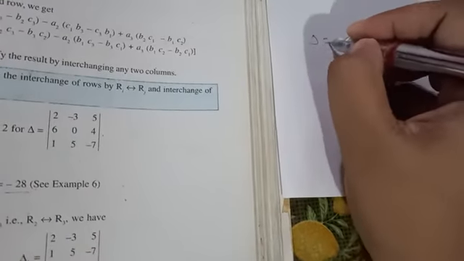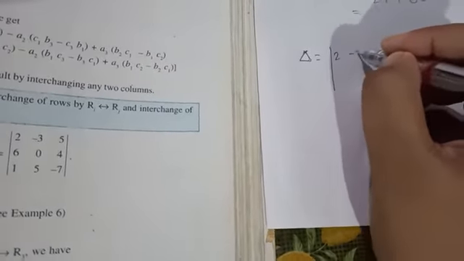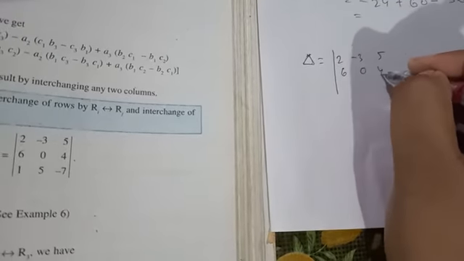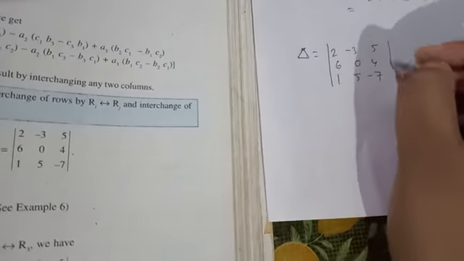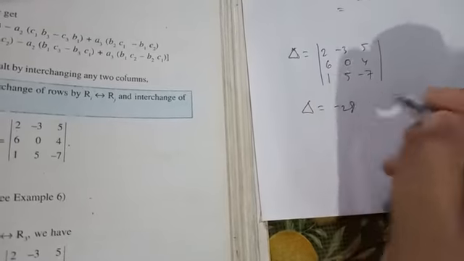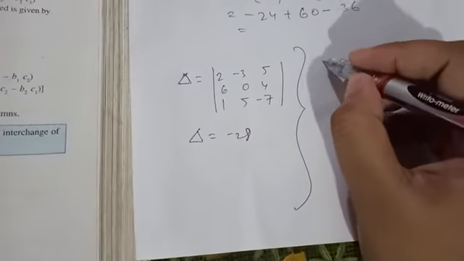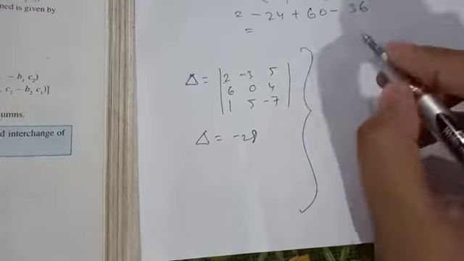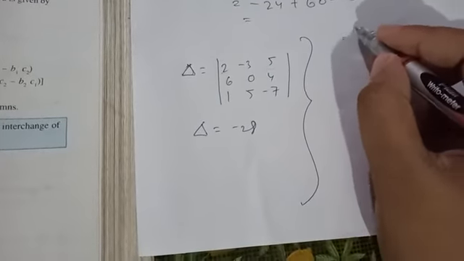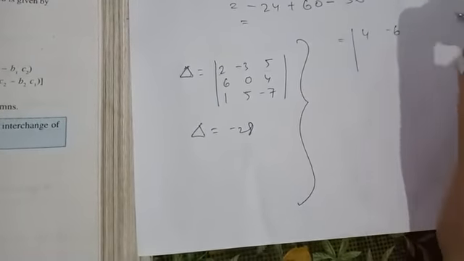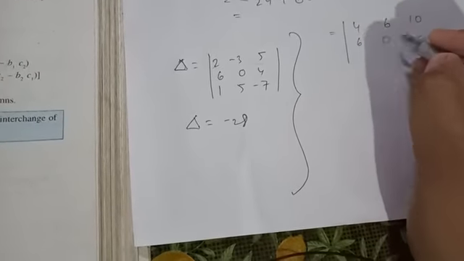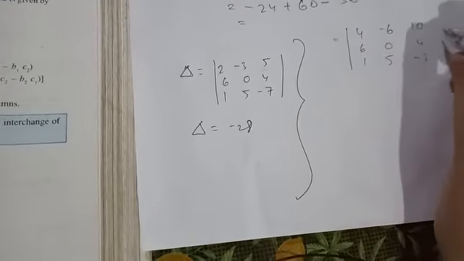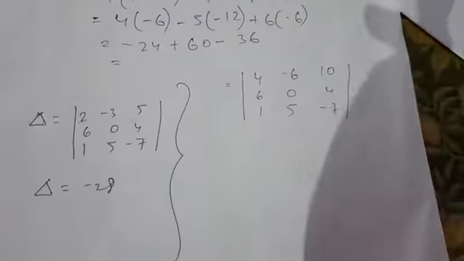For example, I will do one thing. Here, delta was taken with elements 2, -3, 5, 6, 0, 4, 1, 5, -7, and the answer we got was -28. Now let me multiply my constant 2 with the first row. So it will be 4, -6, 10, then 6, 0, 4, 1, 5, -7. Now let me find the value of this determinant.